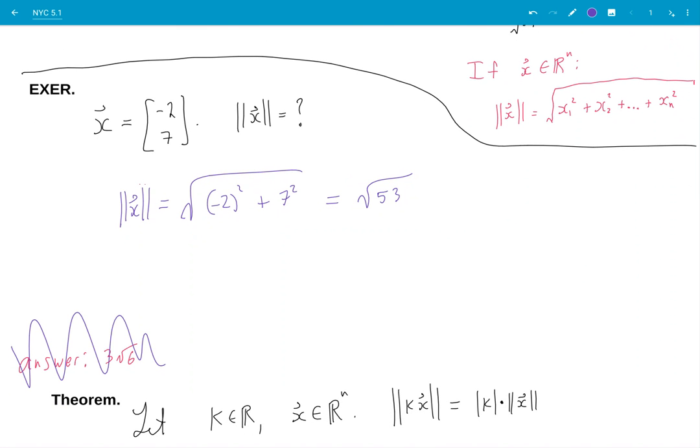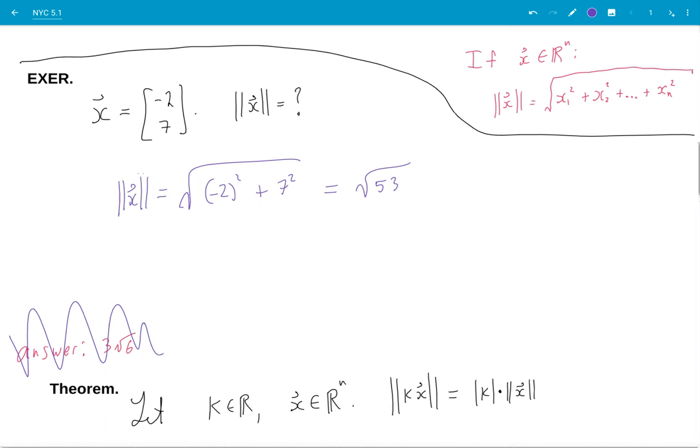Moving on. Okay, we have a theorem here that allows us to factor out constant multiples. Because we're doing length, and lengths are positive if they want to be meaningful, we need an absolute value here.